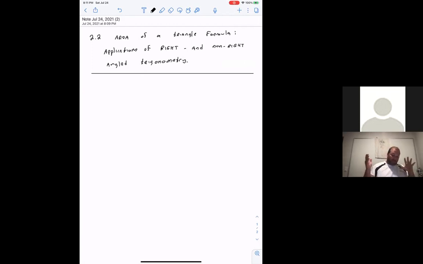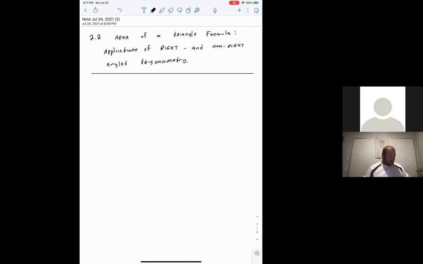When you go to non-right angle triangles, like we had in section 2.1, then we have the law of sines and the law of cosines. Now, the law of sines and the law of cosines were covered in section 2.1.